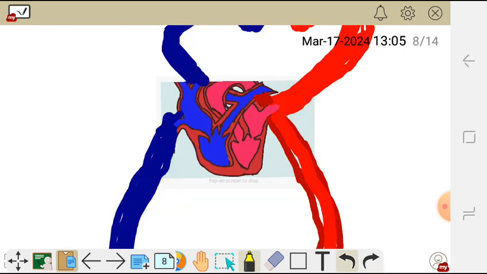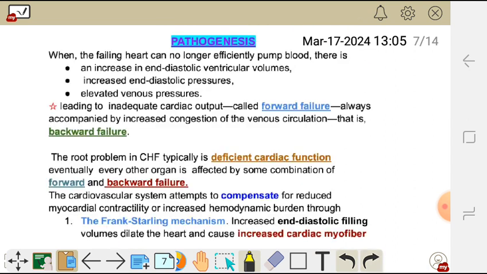The ventricles pump blood into the pulmonary circulation, so since we have accumulation of more blood here, blood will start accumulating there as well. The pressure here is also going to increase.